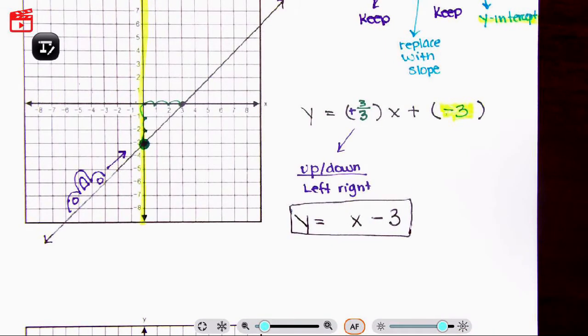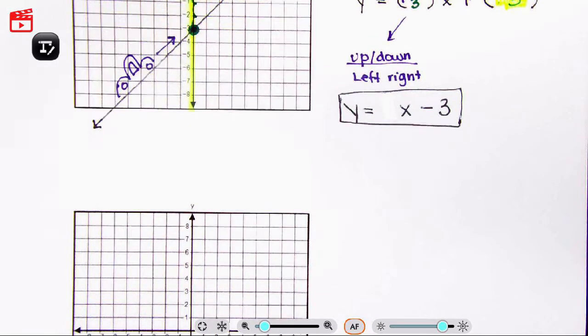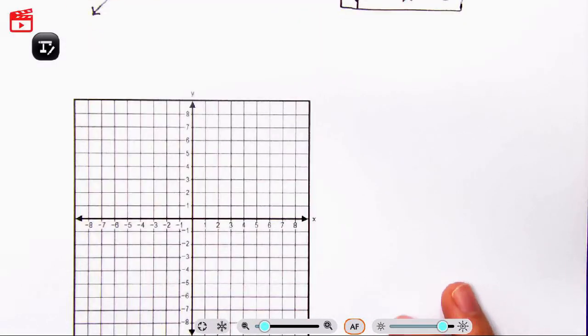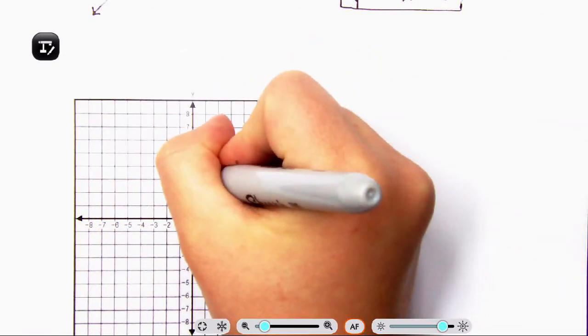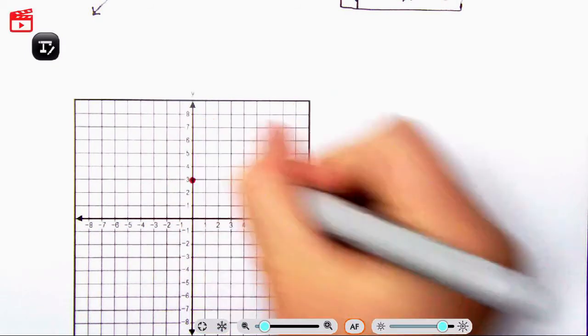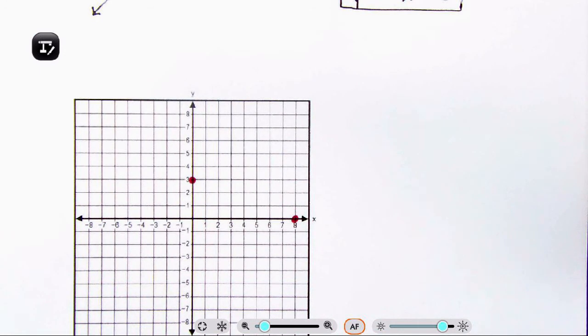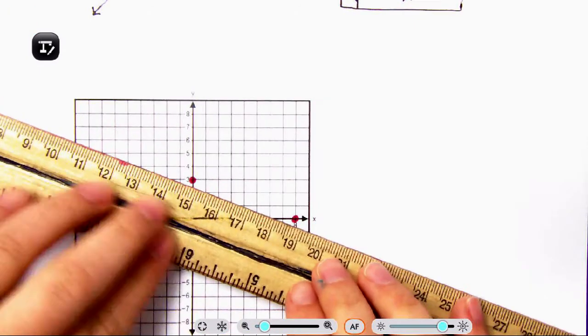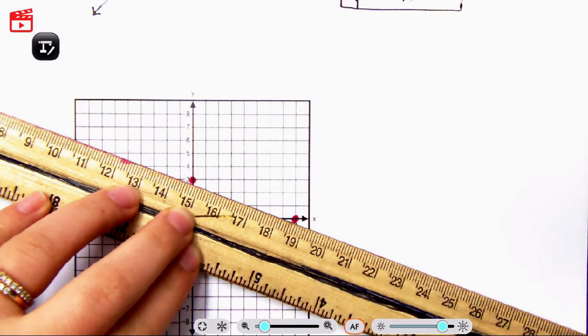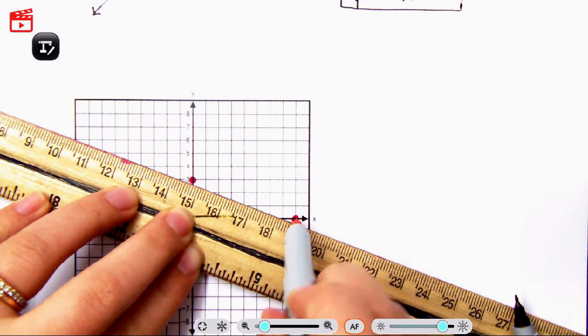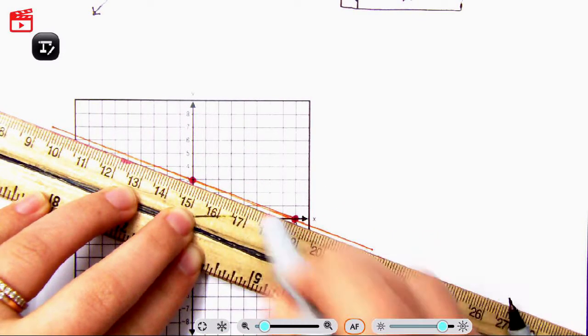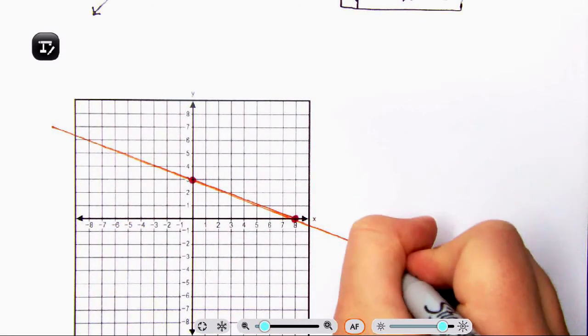Let's do one more example for an equation of the line. Let's do one with a decreasing slope. Okay, so here's our line.